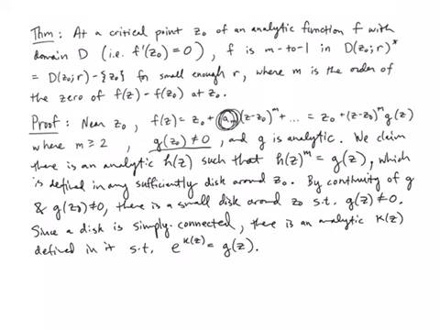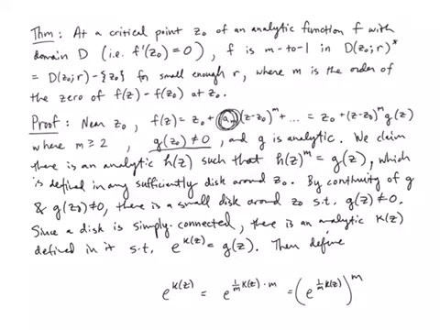Okay, and then basically what we're going to do is take this e to the k of z and just write that as e to the 1 over m k of z times m, and that's e to the 1 over m k of z to the m. Right, and so this is going to be our function h of z here.